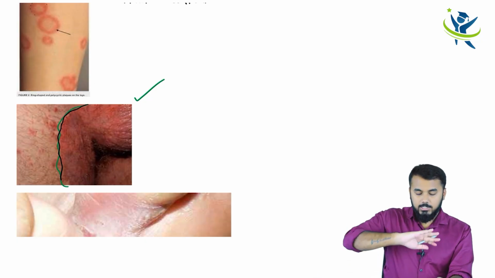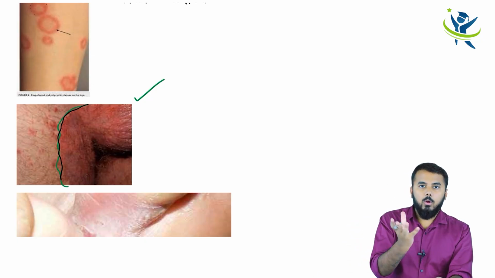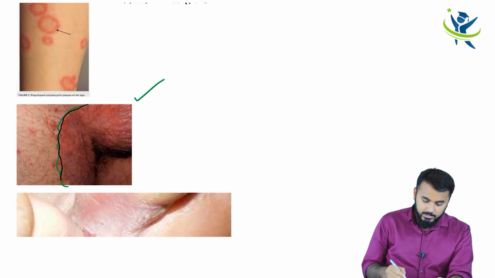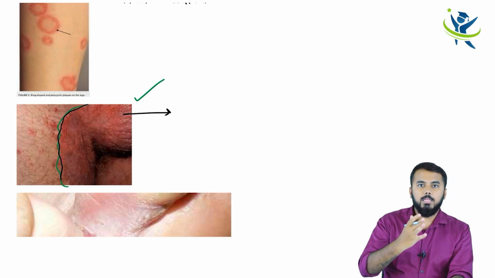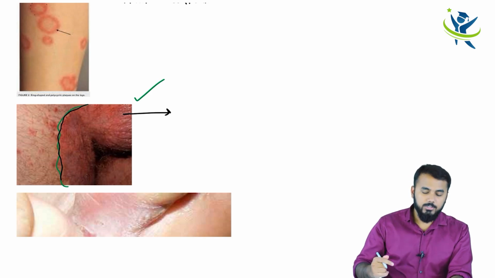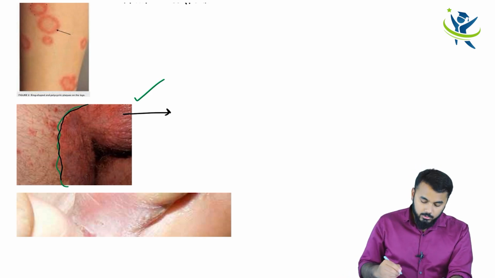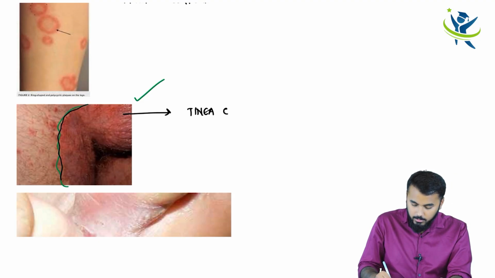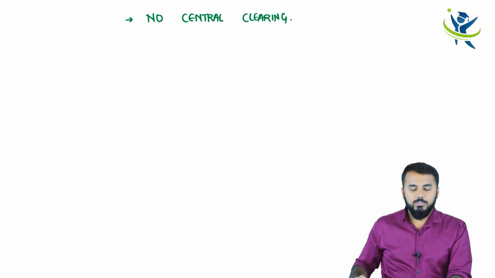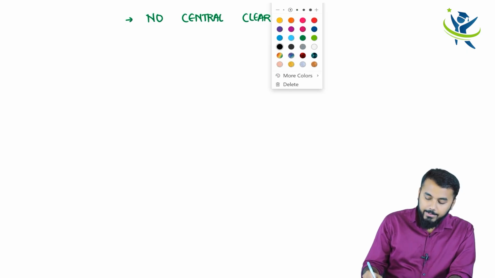No. The rash is completely around the inguinal region, spread diffusely in the inguinal region. There is no central clearing. So such a type of rash is Tinea cruris.